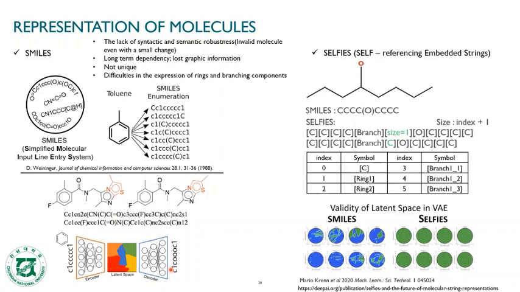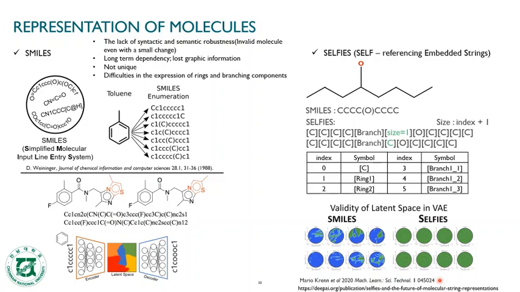To resolve these issues, many different grammars have been suggested, and one of those is SELFIES. SELFIES makes grammatical rules that can only generate valid molecules. So here you can see the sampling on the latent space in a VAE: SMILES can still generate these blue invalid molecules, while the SELFIES maps generate only valid molecules.